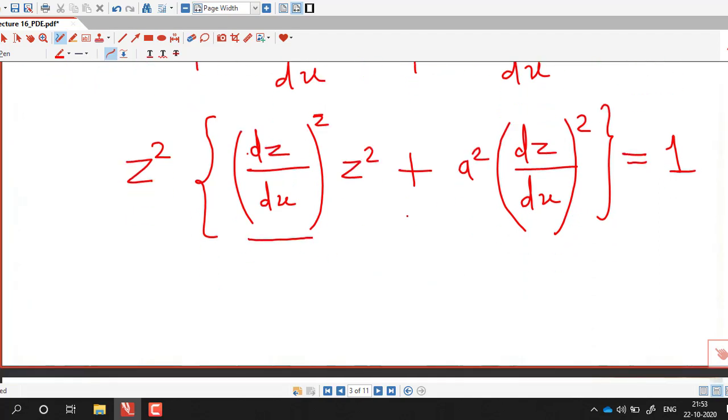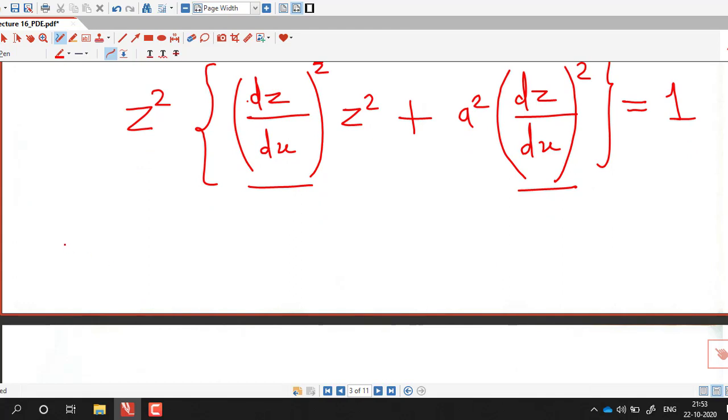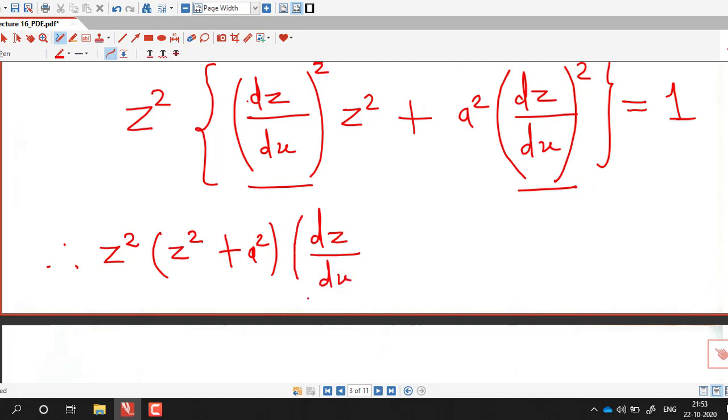Now here we can take this square of dz by du common. So we have z square, and if we take dz by du square common, we will have z square plus a square, times dz by du whole square, equal to 1.